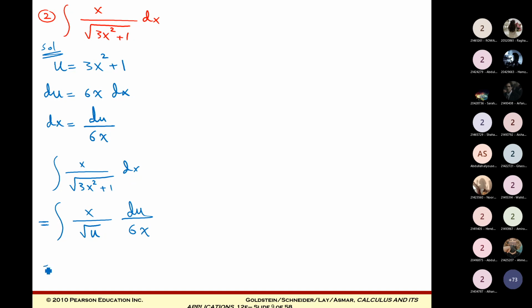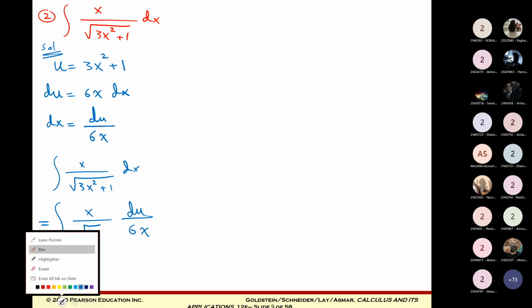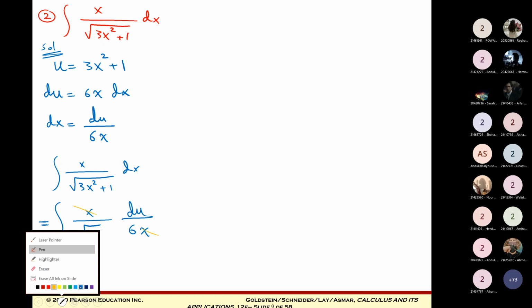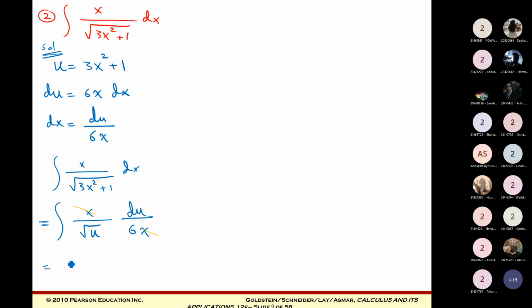Now, after removing x with x, we can put the 1 over 6 outside the integral, and inside the integral we have radical u in the denominator. Radical u in the denominator equals u to the power half. Raising it to the numerator, we have u to the power negative half du.